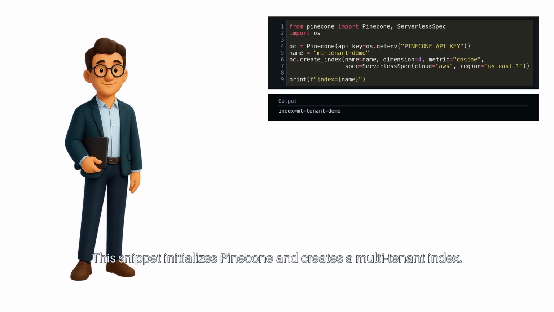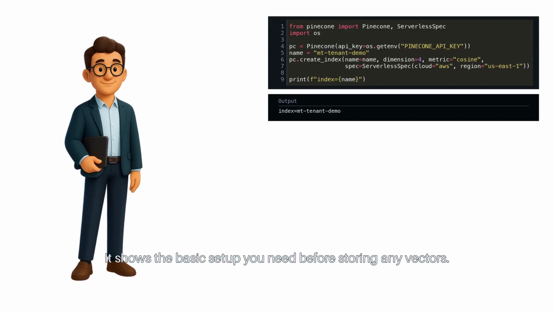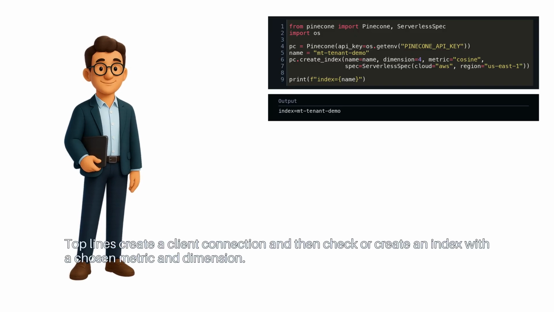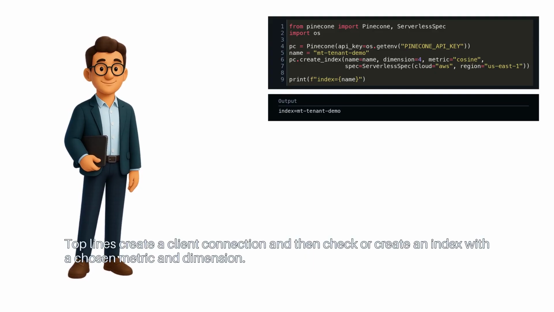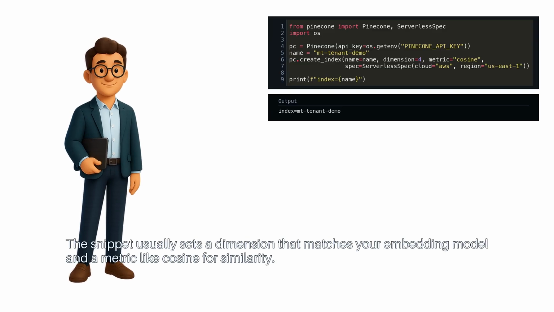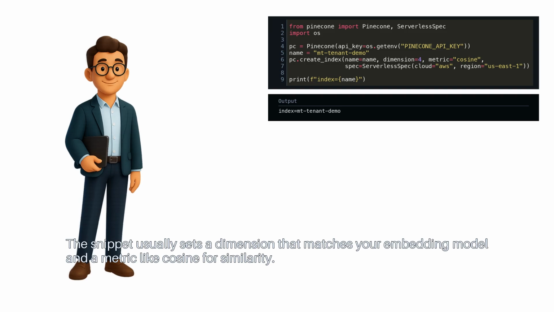This snippet initializes Pinecone and creates a multi-tenant index. It shows the basic setup you need before storing any vectors. Top lines create a client connection, and then check or create an index with a chosen metric and dimension. The snippet usually sets a dimension that matches your embedding model, and a metric like cosine for similarity.